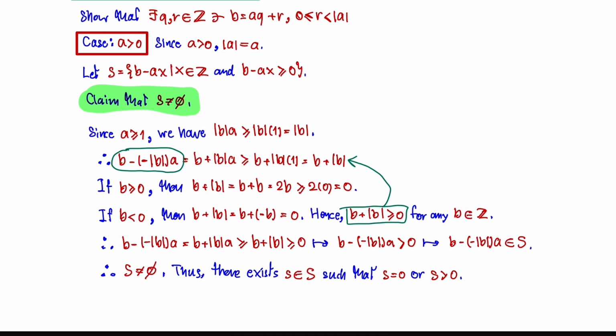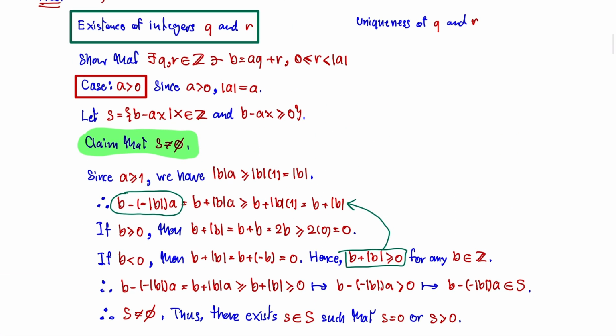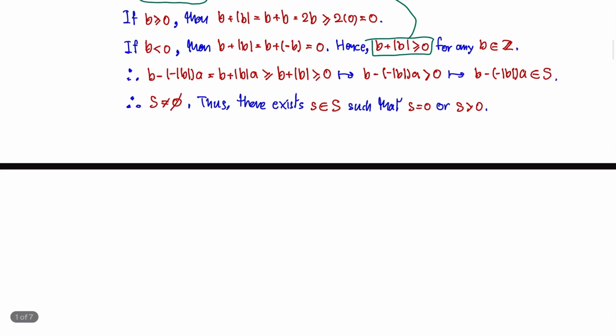Why? Because an element in set S is b minus ax, and b minus ax must be greater than or equal to 0. This means that an element of set S can be greater than 0 or equal to 0. This means that we will split into two cases: the case where s is greater than 0 and the case where s equals 0. Let's start with s equal to 0.